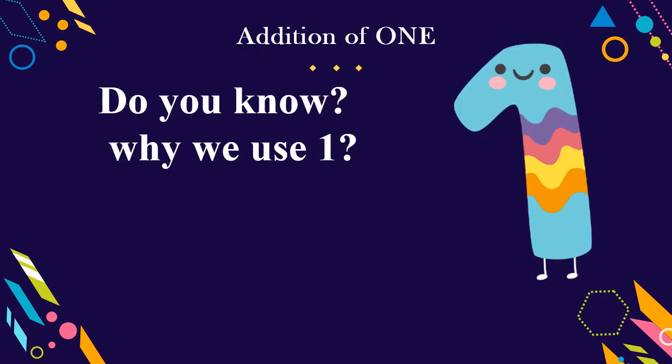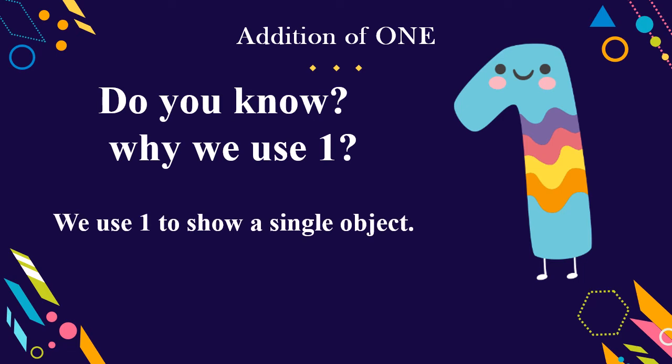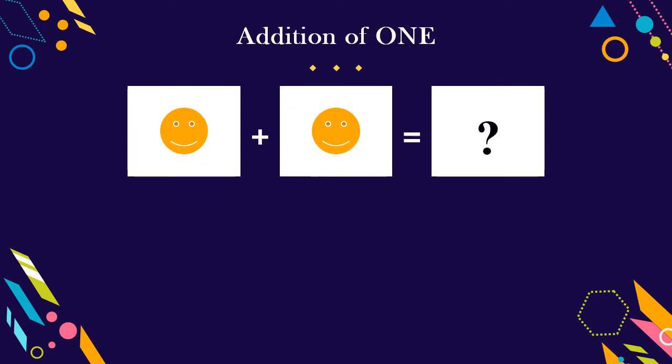Now we learn addition of 1. Dear students, do you know why we use 1? We use 1 to show a single object. Now we solve some examples to get the concept.